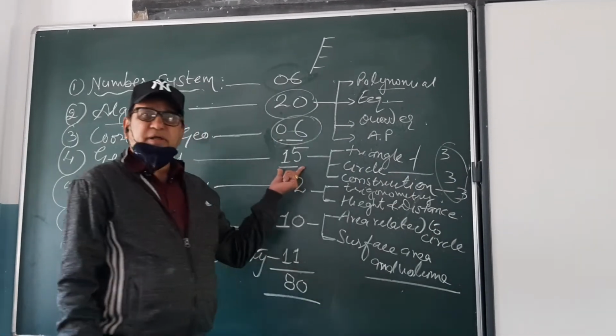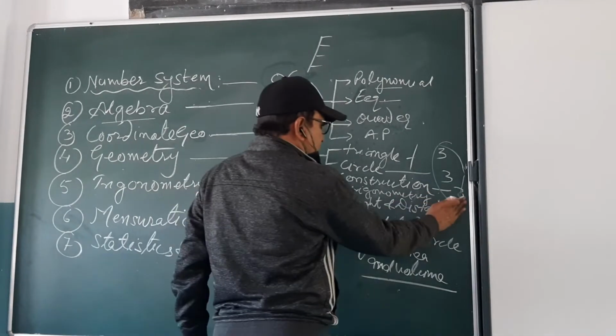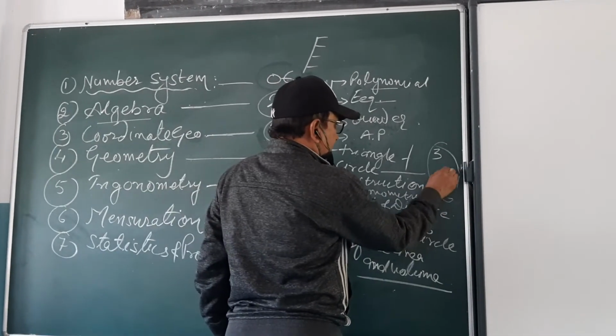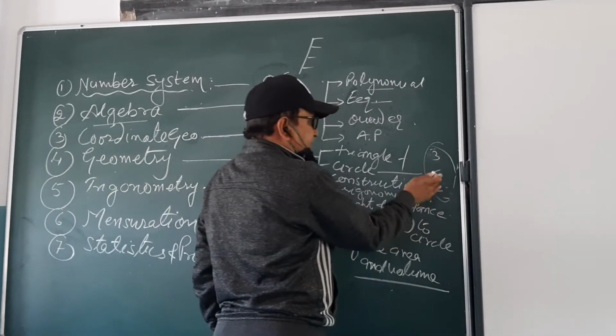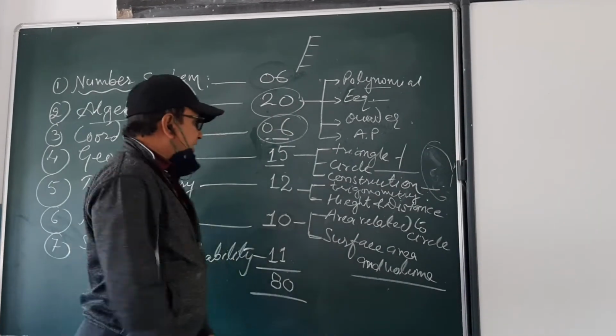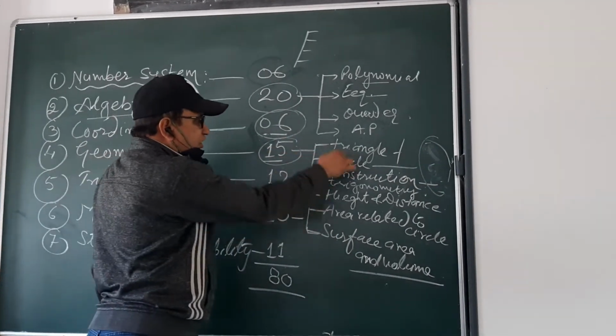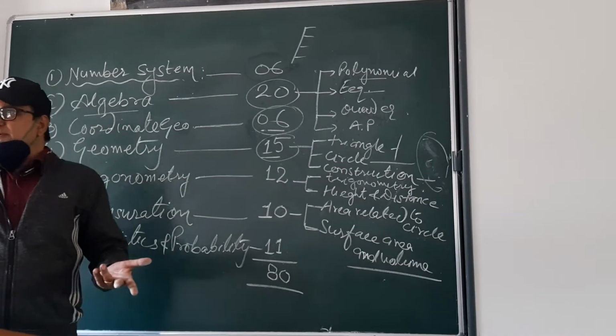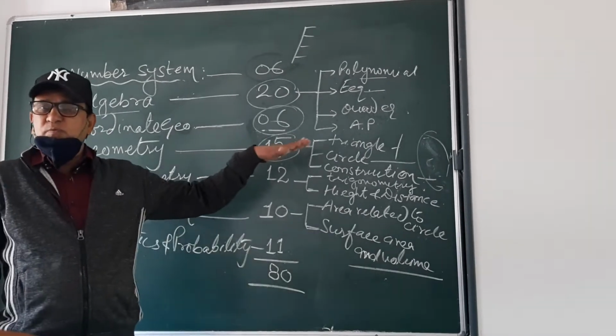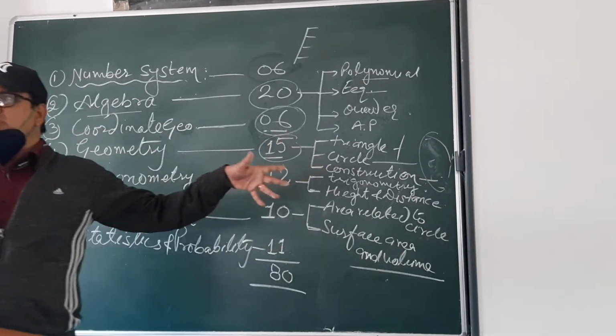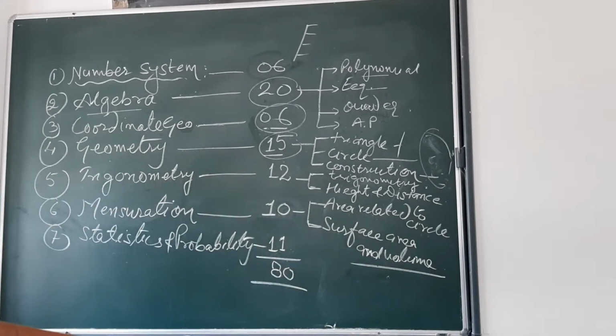How many marks are remaining here? Suppose it's a 5 marks question, or circle is a 3 mark question. We can divide it and see how much weightage can be distributed among the different chapters. So easily you can find out which portion is coming in the examination, which one is important, and which question can be coming in the board examination.